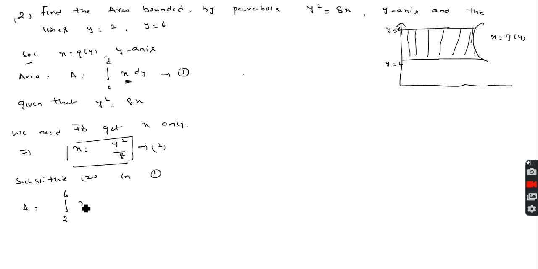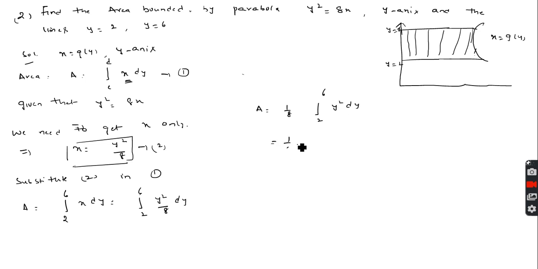That is the integral from 2 to 6 of x dy, that is nothing but y square by 8 into dy. So 1 by 8 is a constant, taken outside, the integral from 2 to 6 of y square dy.